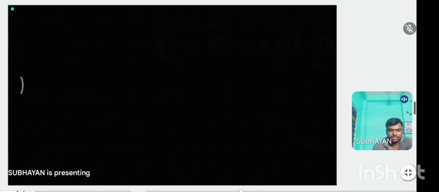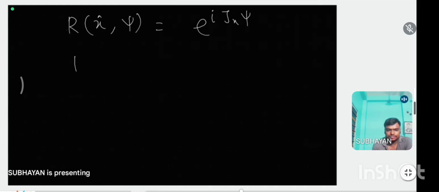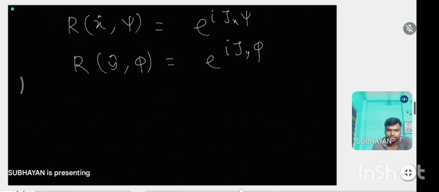So similarly for the x and y axis, suppose R x cap of suppose theta x or psi, it will be e to the power I Jx psi, and R of y cap of suppose phi is e to the power I Jy phi.